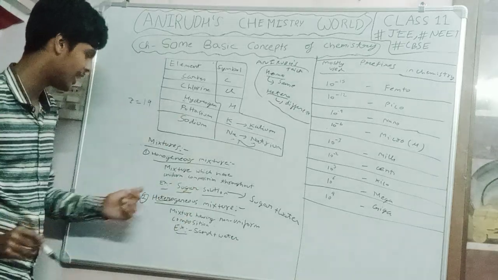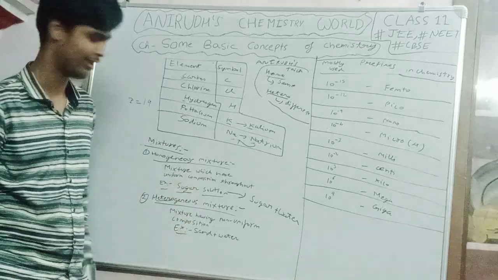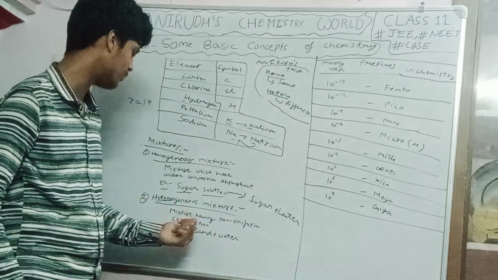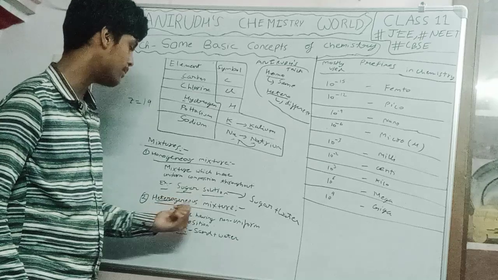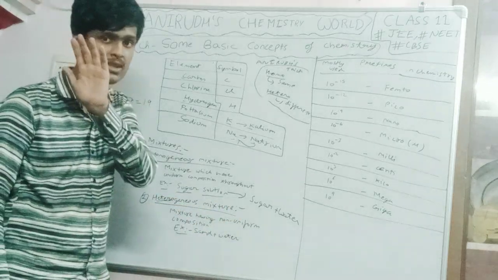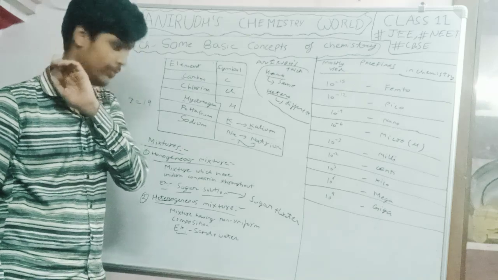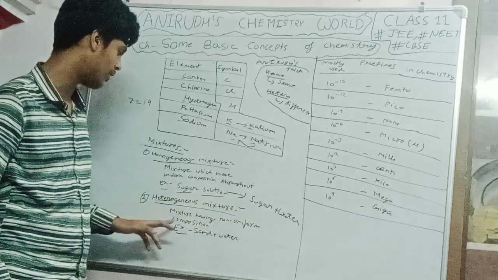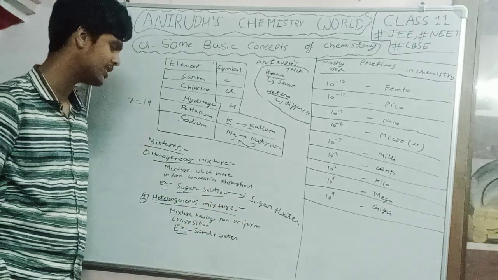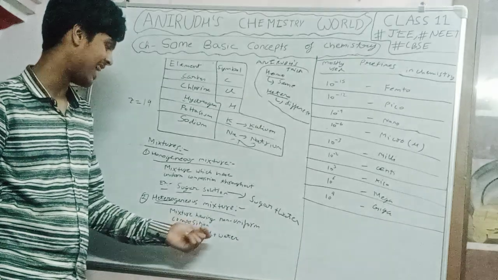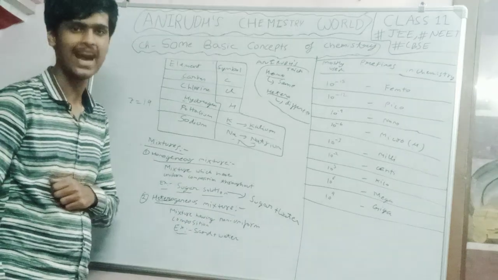Now heterogeneous mixture. Hetero means different. A heterogeneous mixture is a mixture having non-uniform composition. The best example is sand plus water.